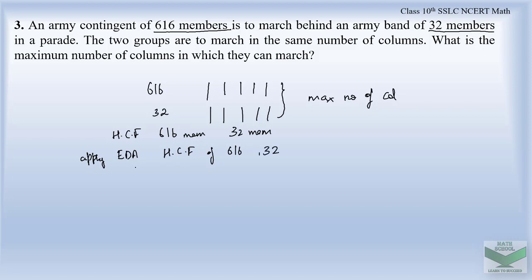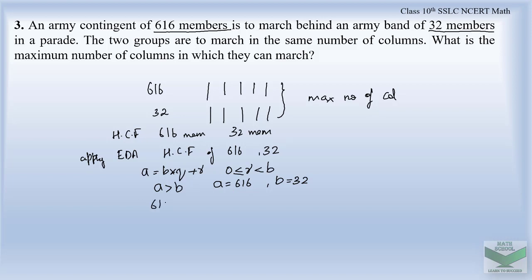What does the algorithm say? a is equal to b into q plus r, where r will lie between 0 and b. Now, since a should be greater than b, we will take a as 616 and b as 32. Now apply this a and b value in the algorithm.